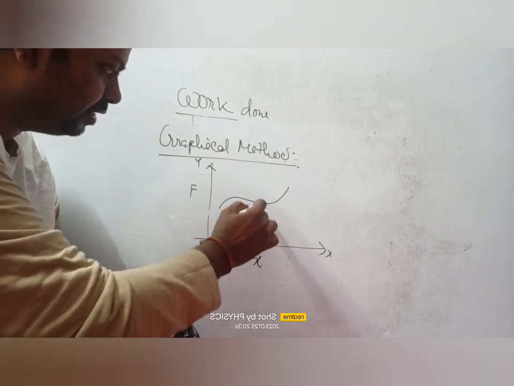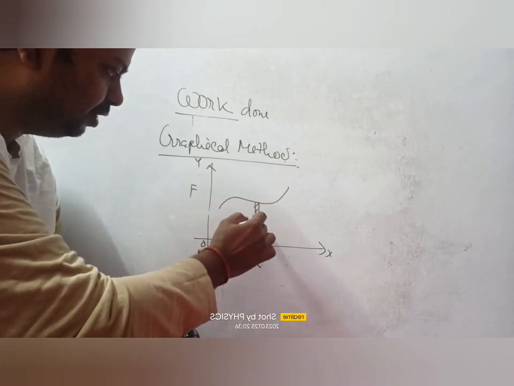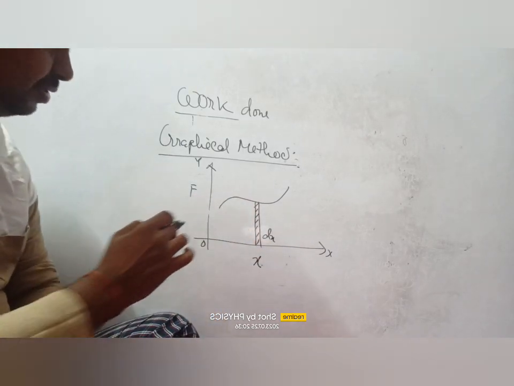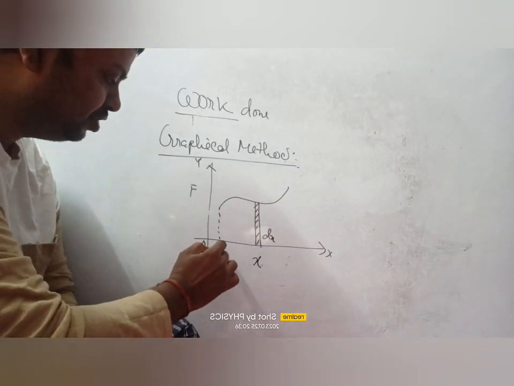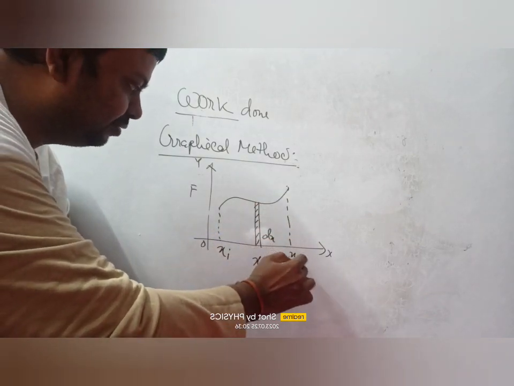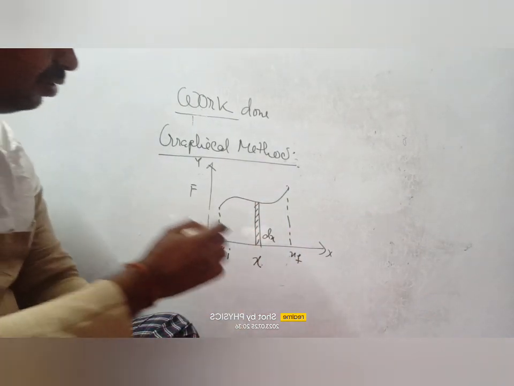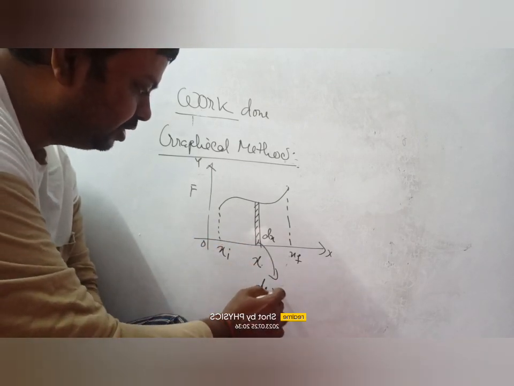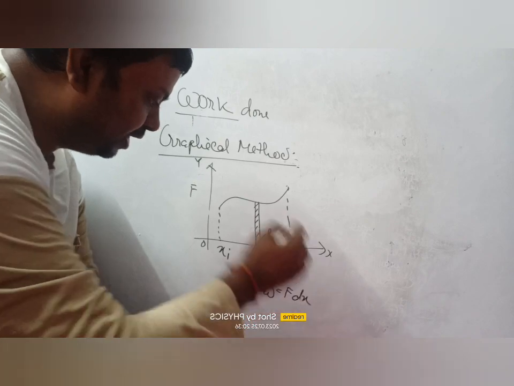If we consider a strip, this is a strip, and the displacement is dx. Initial is xi, and the final is xf. So here, for the small strip, the work done dW is equal to F into dx.